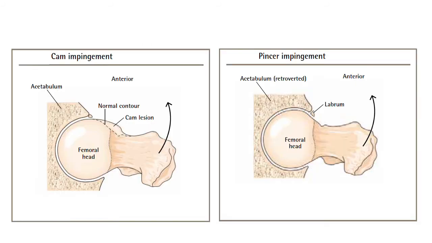Coming back to the hip here, we mentioned this previously, different shapes of the hip bone can predispose to premature osteoarthritis. This is cam impingement, where you have an extra bump of bone where it articulates with the socket, and the pincer deformity, where there is over coverage of the bone, causing pinching of the articular cartilage when the hip is flexed.